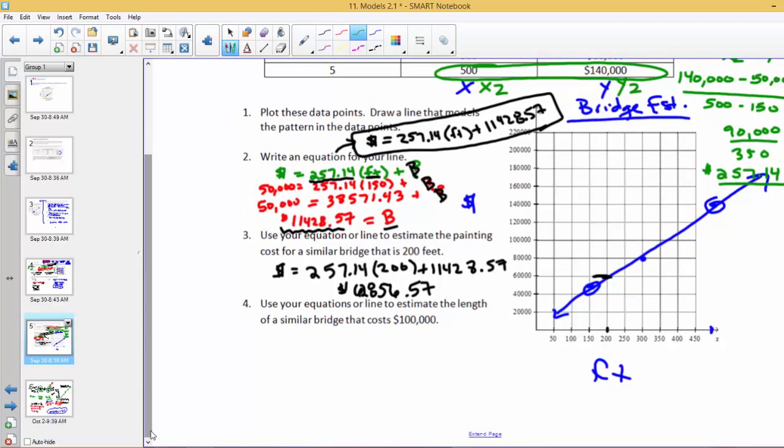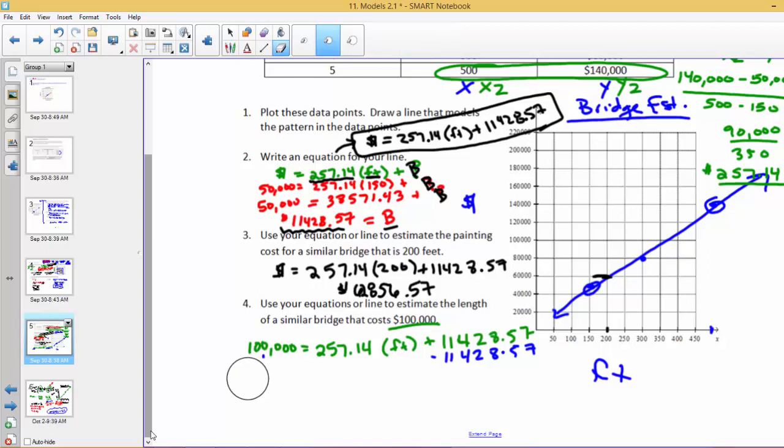And the last question of the day, you're estimating what would be the length, the feet for 100,000. So 100,000 would go in the money slot. 257.14 times the feet plus 11428.57. So to solve this, the first step would be to subtract this. I'm going to rewrite this.